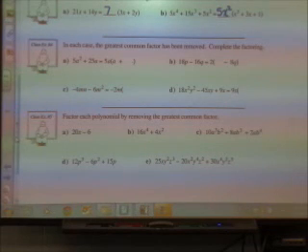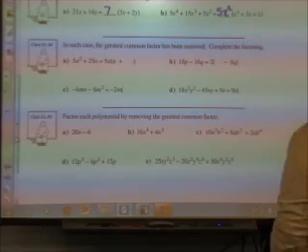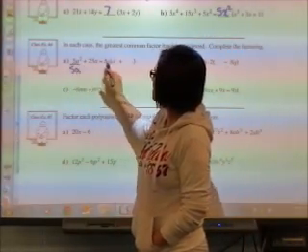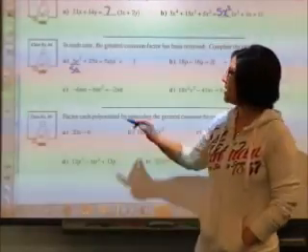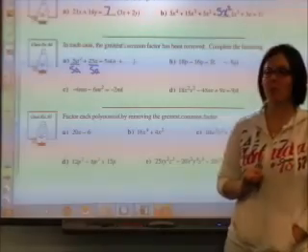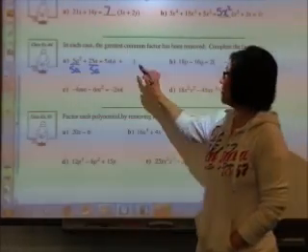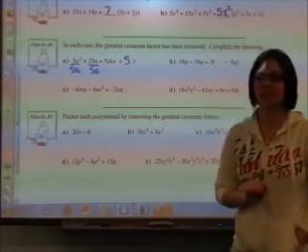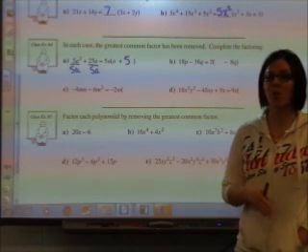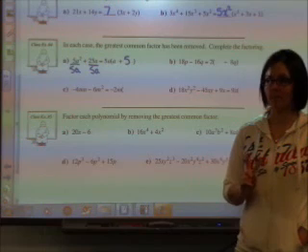So if I divide each term by 5a, 5a squared divided by 5a leaves me with a. And 25a divided by 5a would leave me with what? 5. What would happen to the a's? They cancel each other out because it equals 1.